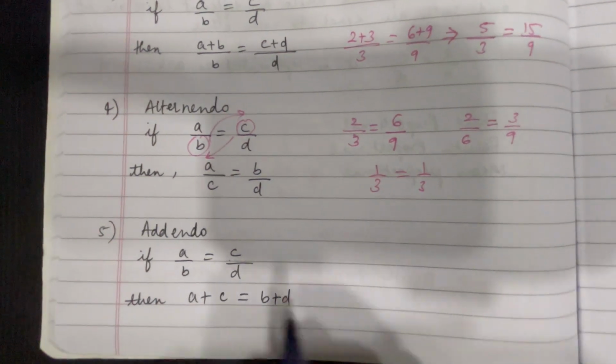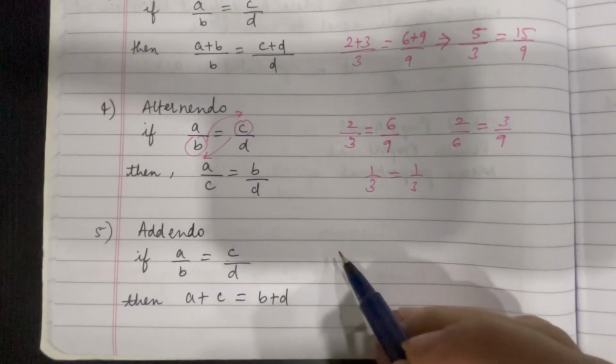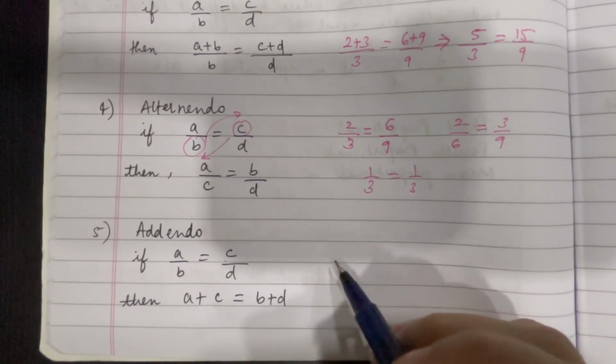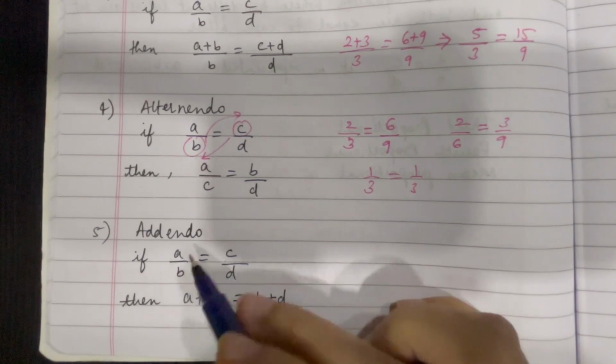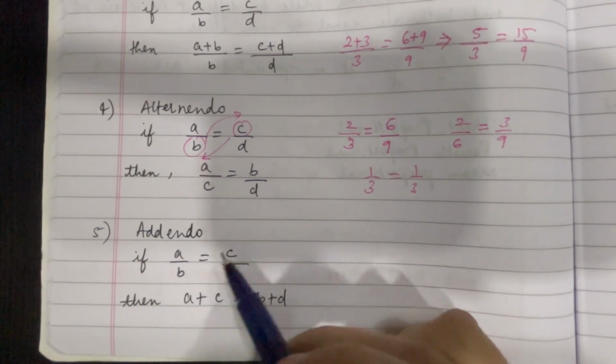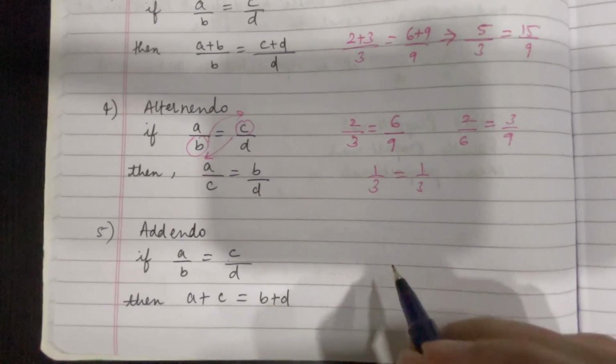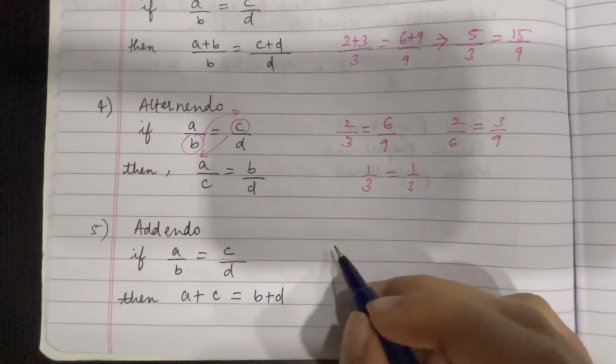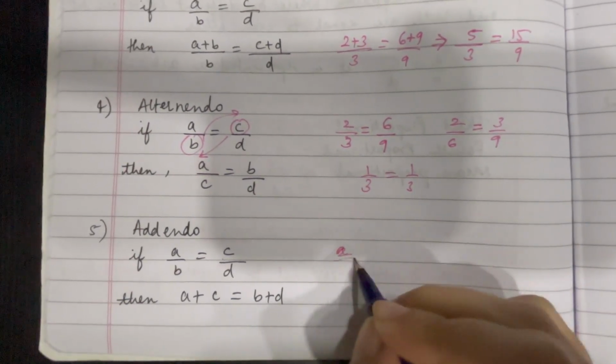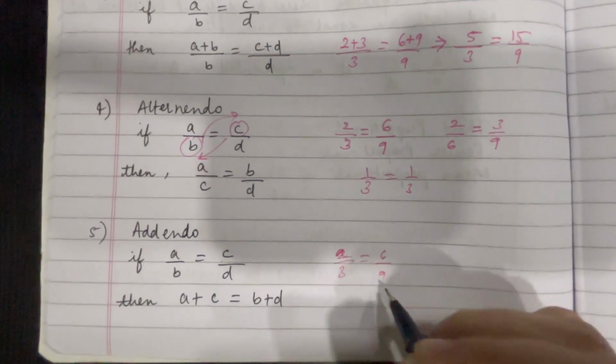Now let's move on to the last one, addendo. Okay, last for this page. There are more. Addendo: if A by B equals C by D, then A plus C by B plus D. Again taking the same example, 2 by 3 equals 6 by 9.